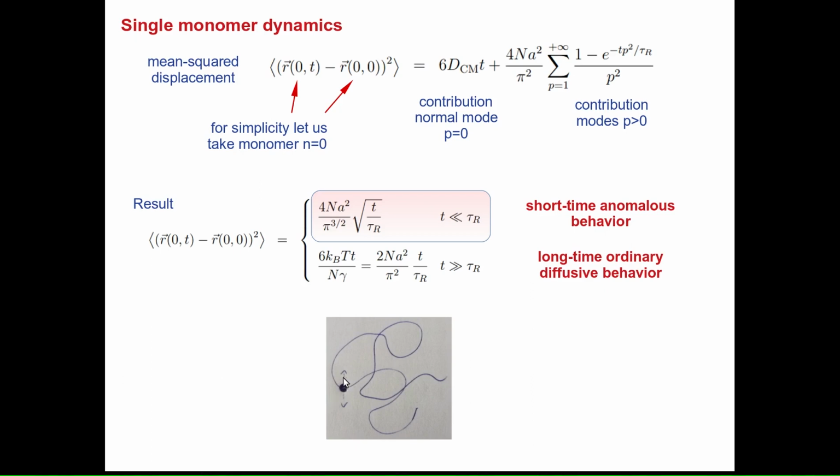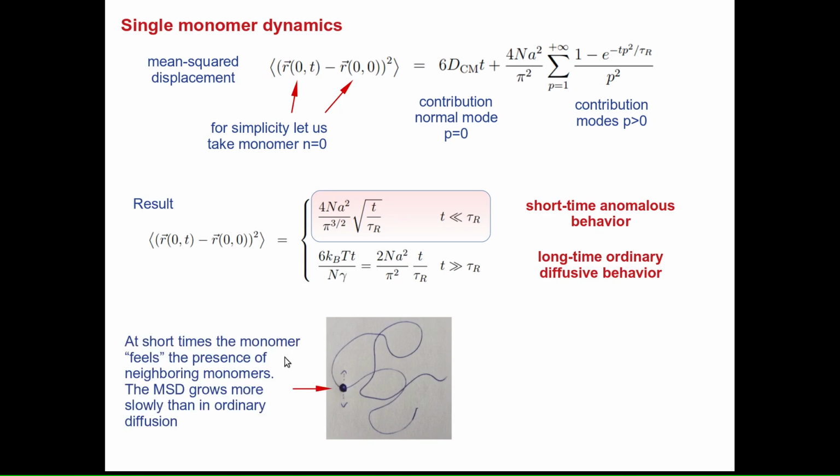And why does it scale as the square root of time at short times? It is because this is not really free diffusion. At short times the monomer strongly feels the presence of neighboring monomers, in the following sense. If it moves this way, it is stretching one spring and perhaps compressing the other springs.